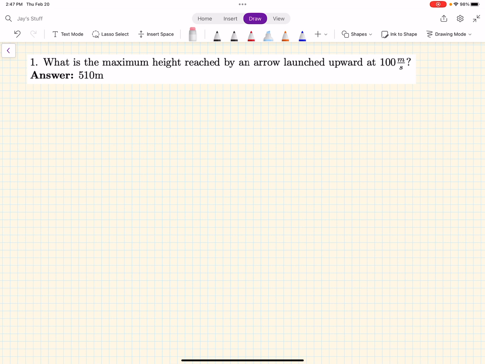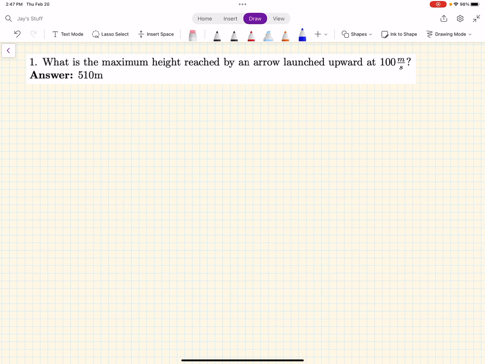Whatever energy you started with, you have to have that amount of energy left at the end. So we can think of that as E total initial is equal to E total final.